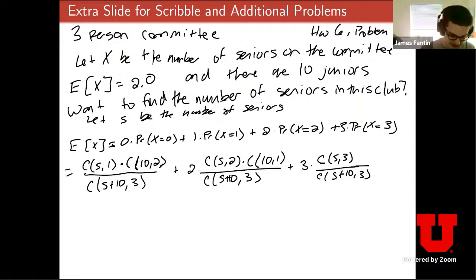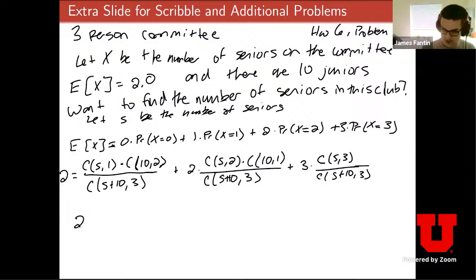And then if you simplified it, you'd end up with this expression, and then you'd plug in the expected value. So we'd have 2 is equal to this formula.